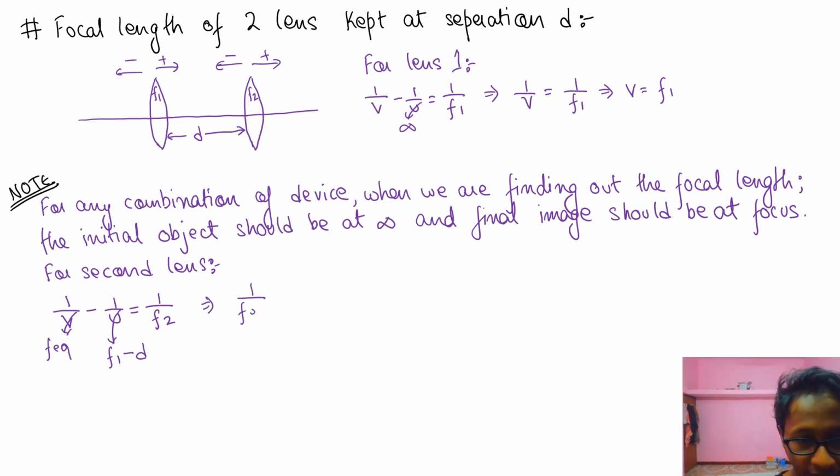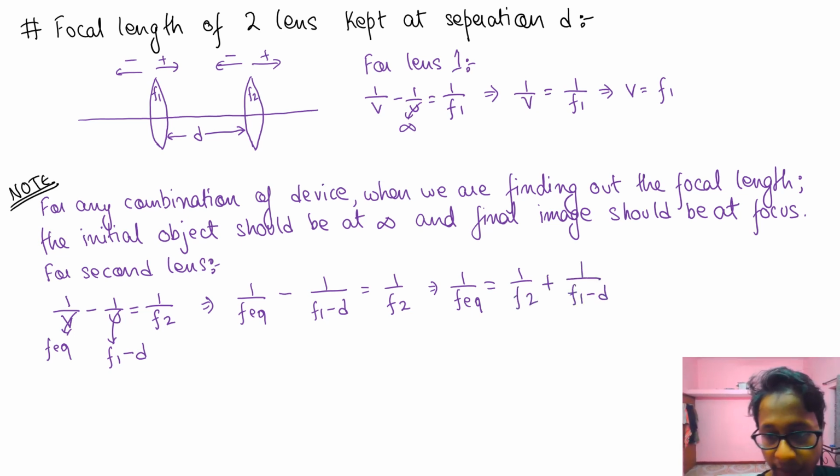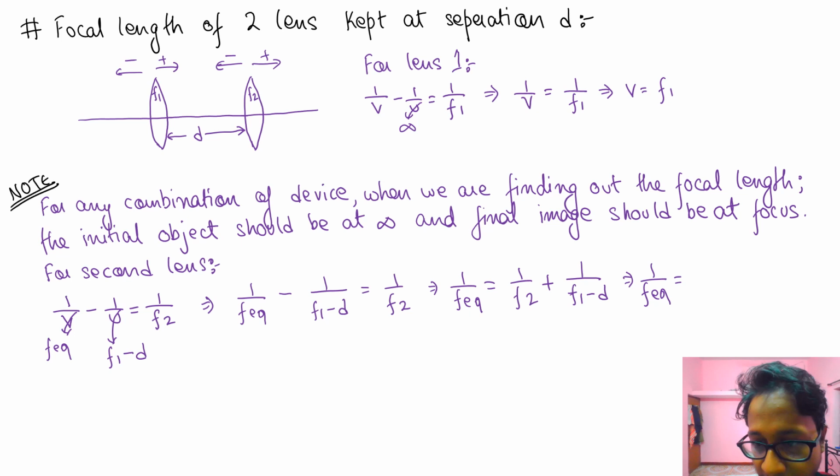So I can simply write 1 by f equivalent minus 1 by (f1 minus d) is equal to 1 by f2, or 1 by f equivalent is equal to 1 by f2 plus 1 by (f1 minus d). Can I simplify this?